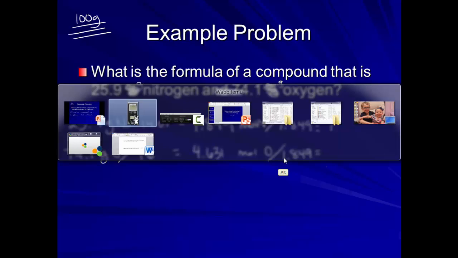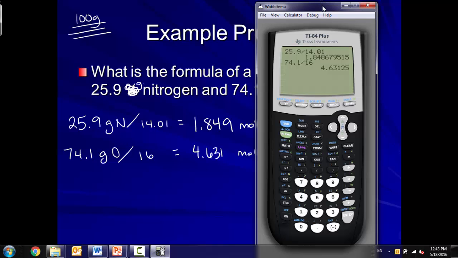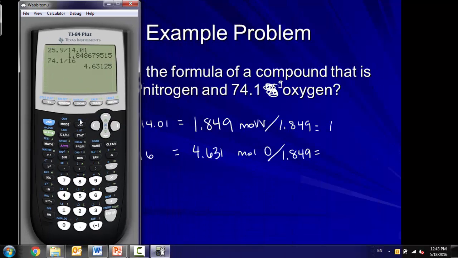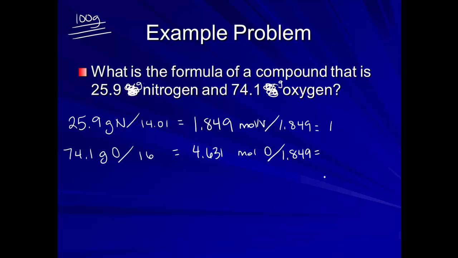The second one, however, I can't do in my head. So it's 4.631 divided by 1.849, and we get 2.50. So that one was nitrogen, that one was oxygen. All right, so we have done percent to mass, mass to mole, divide by least, and there's one more step.